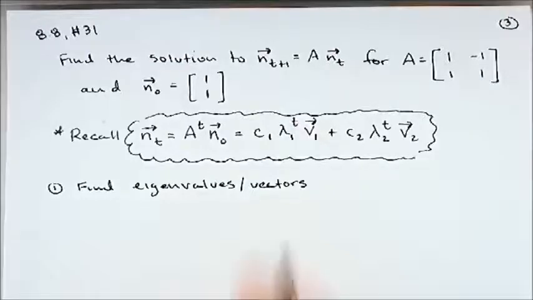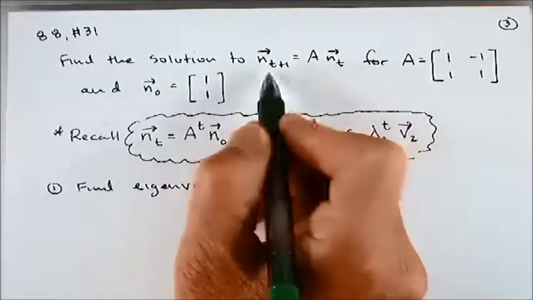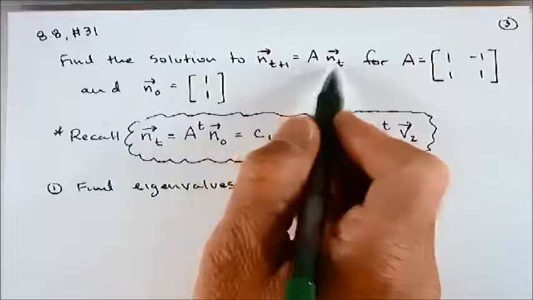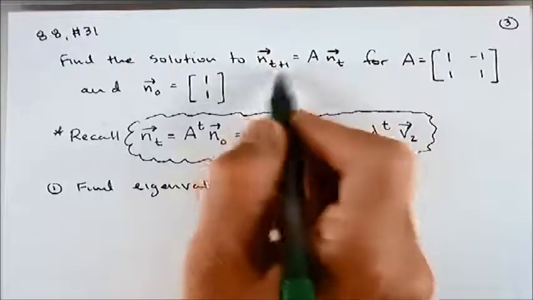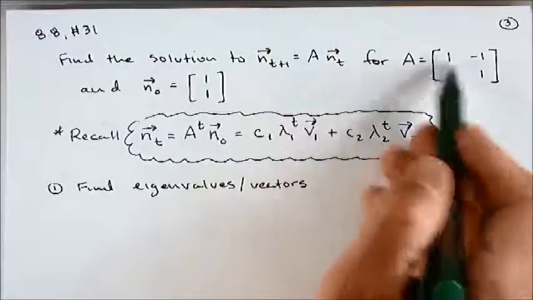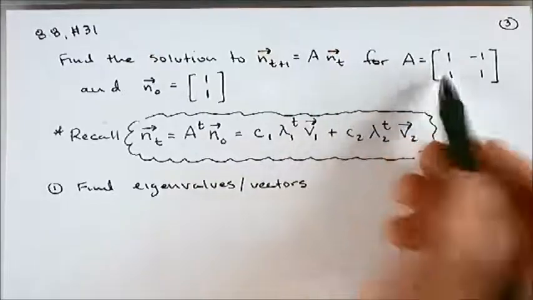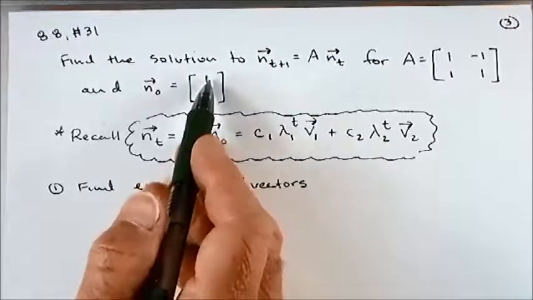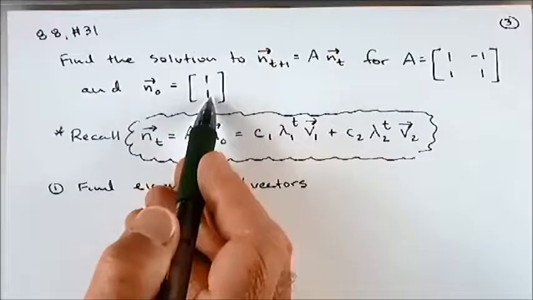So let's say we want to find the solution to a recursive situation. Have the squirrels back in mind, like a Leslie matrix that's defining the population of squirrels over time, and we're trying to figure out what's going to happen long term. If A is my matrix that has all of my dynamics, and this is my initial population size, remember, we could think of one as the population size of juveniles and this one of adults.